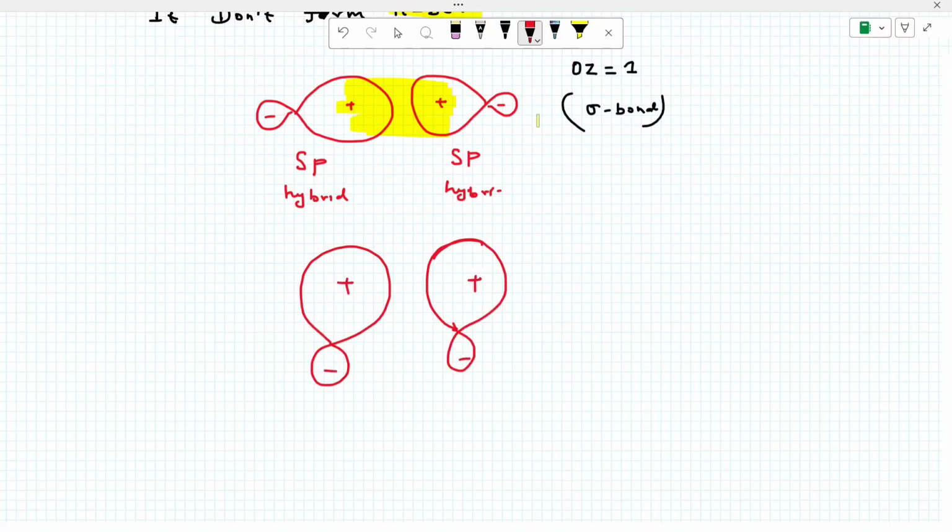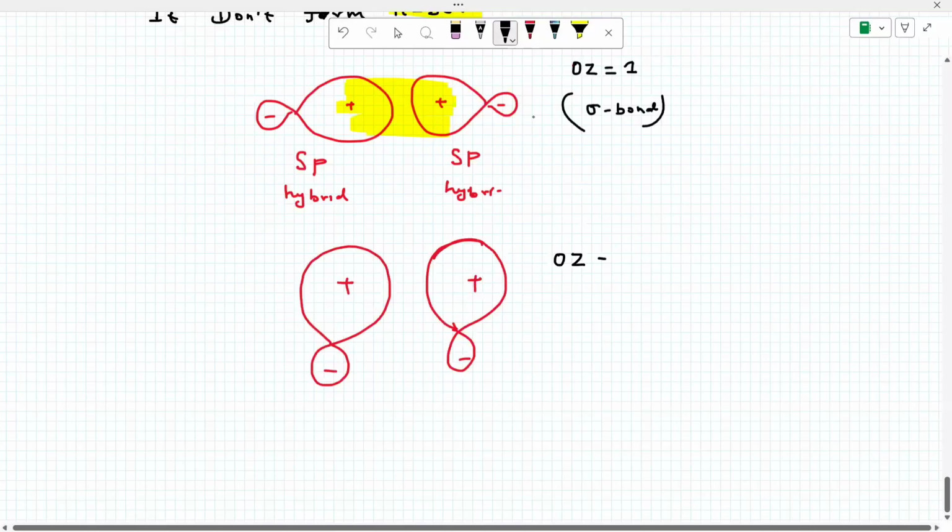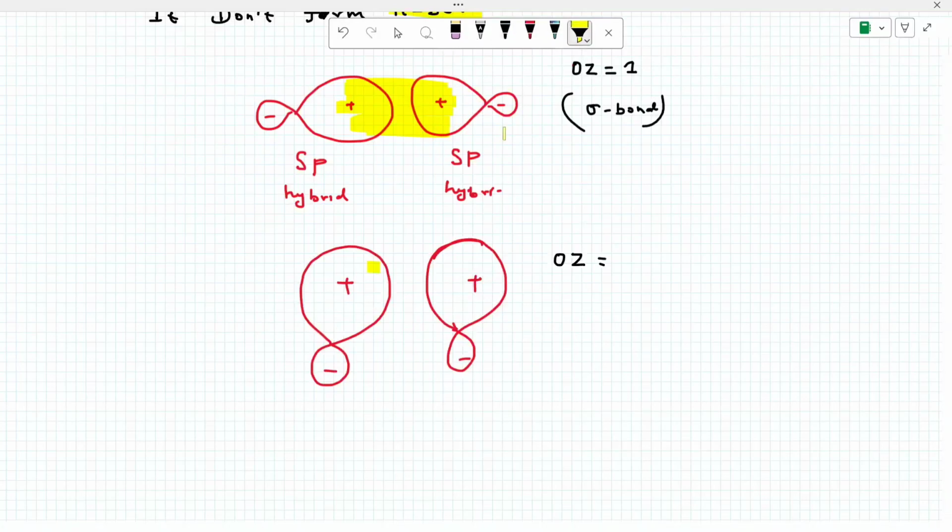See, இப்ப இதுல what is the overlap zone for pi bond, tell me. Tell me answer, students. Anyone? What is the overlapping zone for pi bond? 1 or 2? Overlapping zone 1 or 2, students? 2, right? இப்ப இந்த கேஸ்ல இந்த லோப்ஸ் ஓவர்லாப் ஆயிடுச்சு அப்படின்னா, இது ஓவர்லாப் ஆக முடியுமா? மைனஸ் மைனஸ் ஆமா, ரைட்டா? இது ரொம்ப பிக்கா இருக்கா? அப்ப due to the bigness, when this undergoes overlap, at the same time this minus minus does not undergo overlap, right?